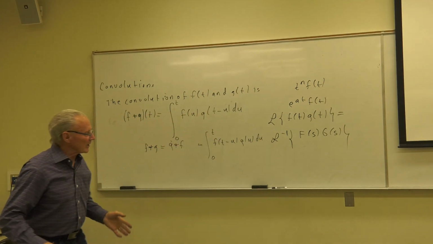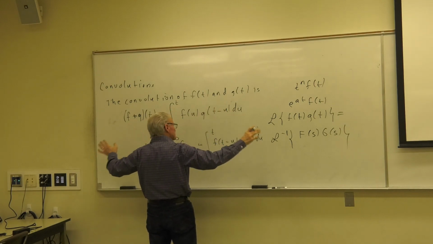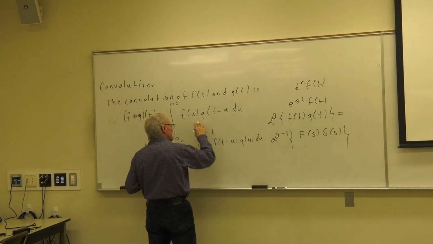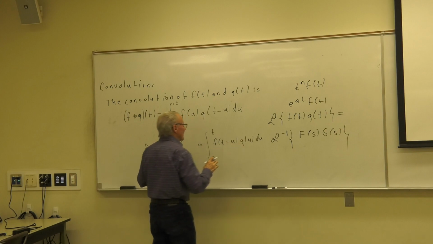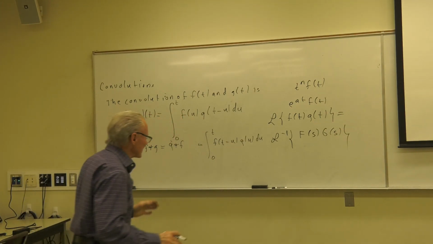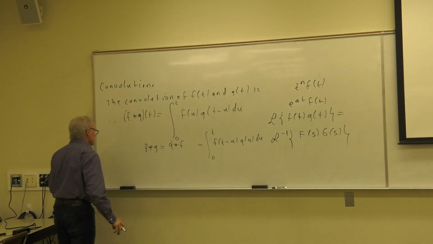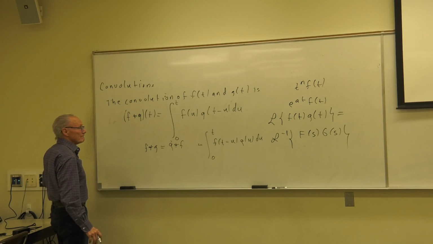So if you want to calculate the convolution of two functions, you can choose which one you want to put in the u and which one you want to put in the t minus u. That's your choice. So let's do an example of calculating the convolution of two functions.